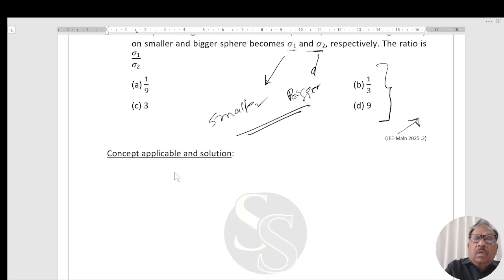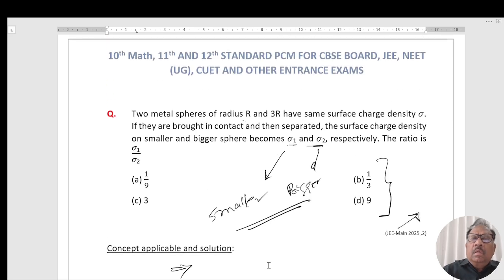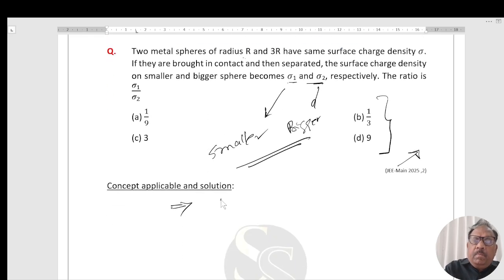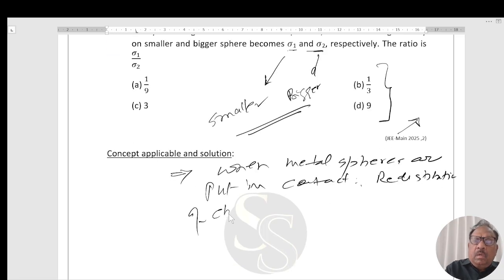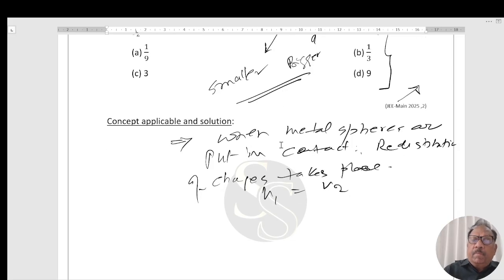It means when metal spheres are put in contact, redistribution of charges takes place till their potential becomes the same.